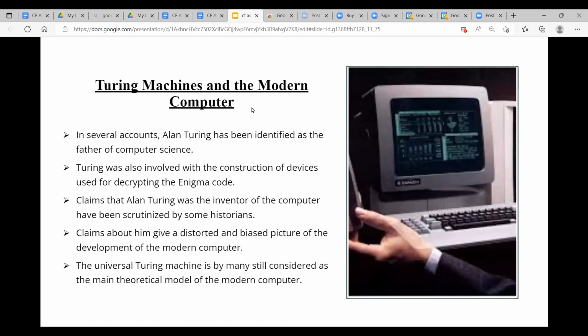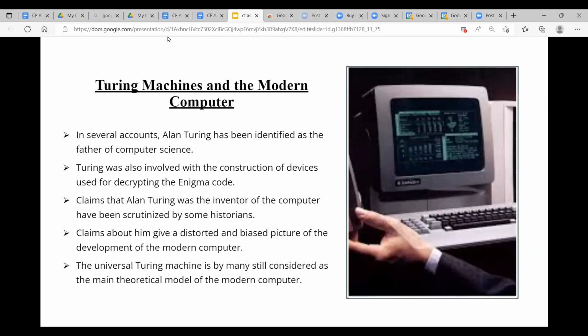Okay, let's turn to the next point: the Turing machine and the modern computer. In several accounts, Alan Turing has been identified as the father of computer science. The blueprint of the modern computer can be found in von Neumann's design. Turing was also involved with the construction of devices used for decrypting the Enigma code.